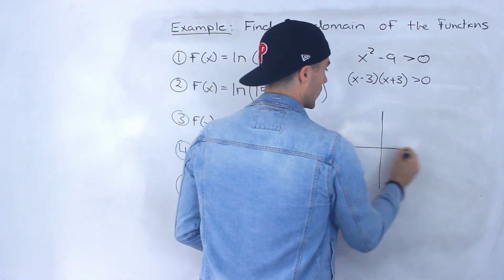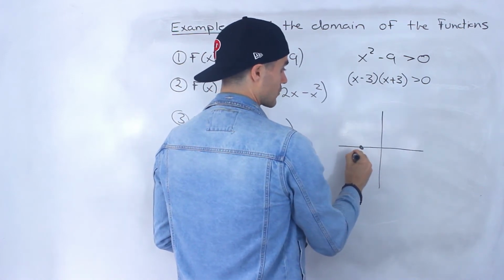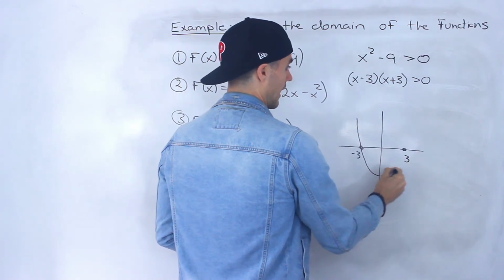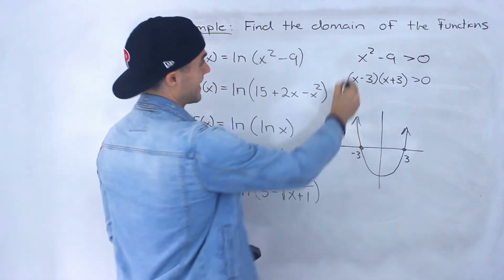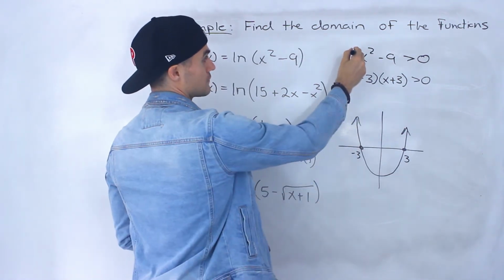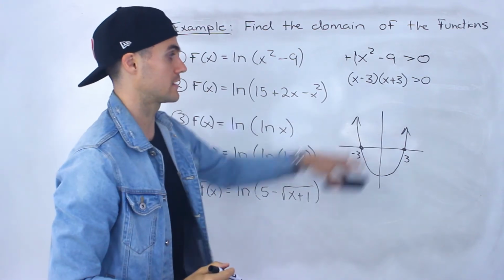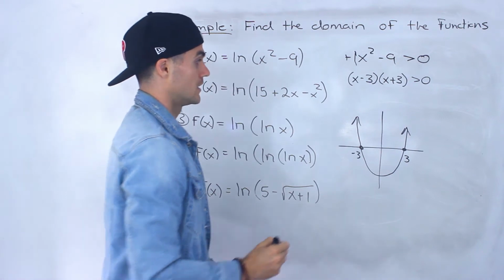So if I make a quick graph of this, notice the intercepts are going to be -3, +3, and it's a quadratic that opens up because that a value is positive. It's a +1 in front, meaning it's going to open up like that. The intercepts are at -3 and +3.